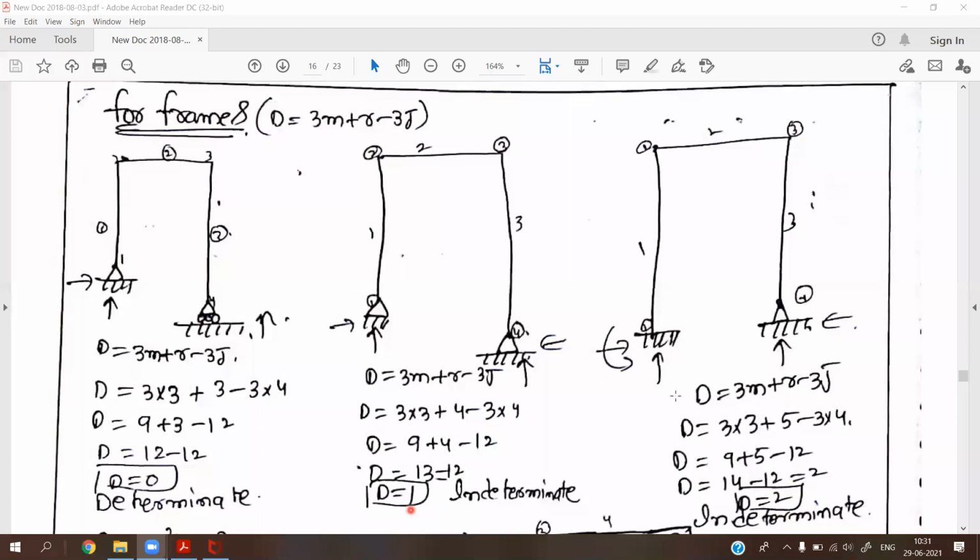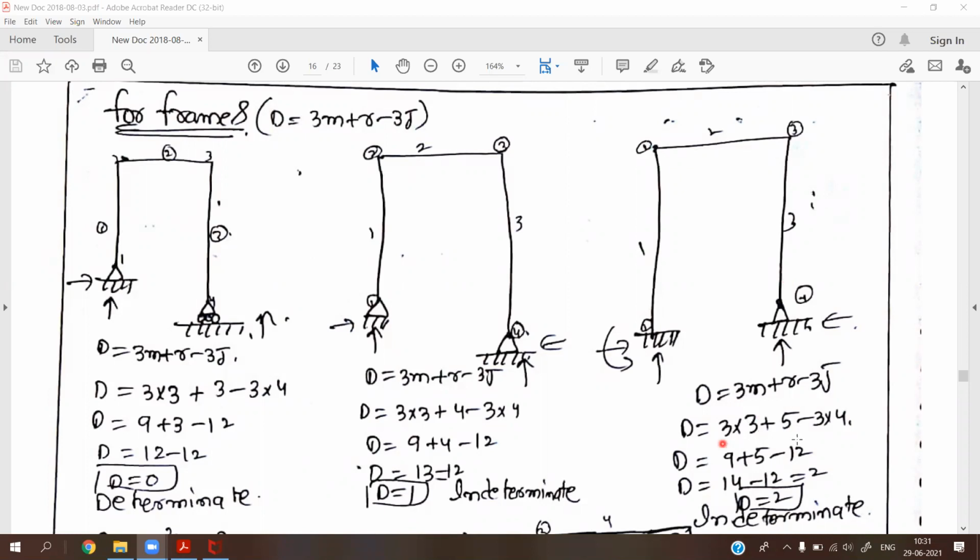If we consider this type of frame, it has a fixed support on this side and an immovable hinge support on the other side. The fixed support has three external reactions, and the immovable hinge support has two, so totally we have five reactions. How many members are present in this frame? One, two, three, so three members.